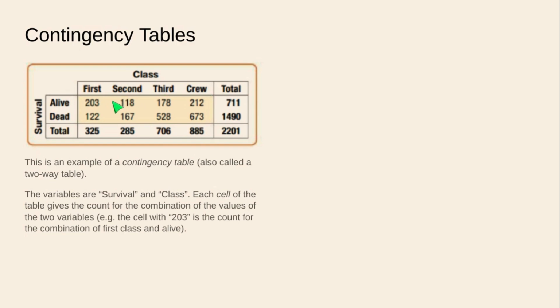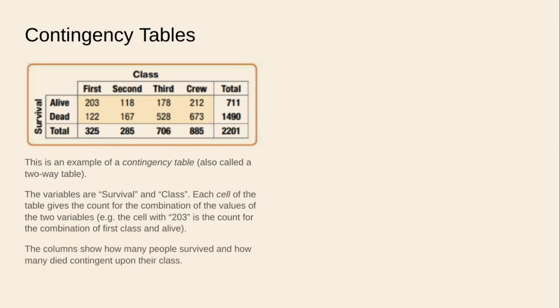For example, this 203 right here is a cell, all right? It's the combination of first class and alive survival status. Another example, 212 right here is the intersection of crew and alive. So everywhere we're looking at an intersection of two variables, we are talking about a cell.